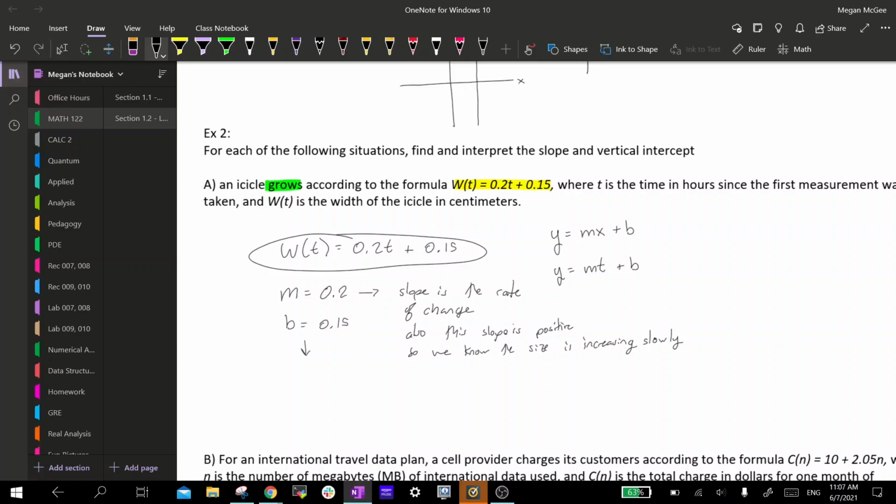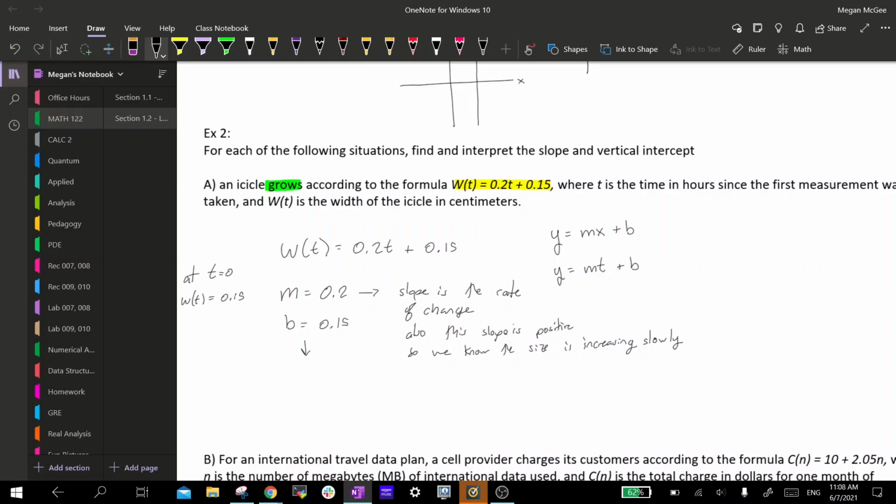So we have 0.2 times t, which would go away, and we'd only be left with 0.15. So I'm going to write this down. At t equal to 0, which means no time has passed yet, we're at the very beginning, our w of t is 0.15.